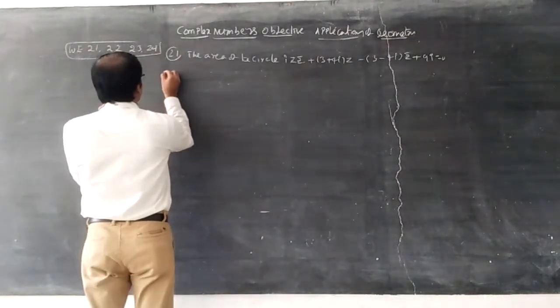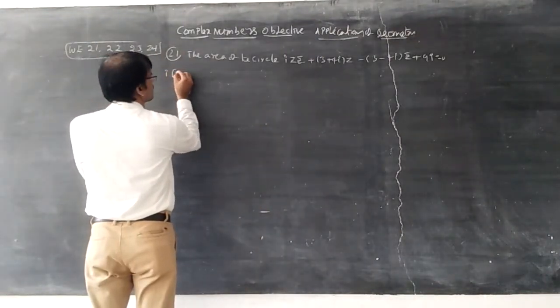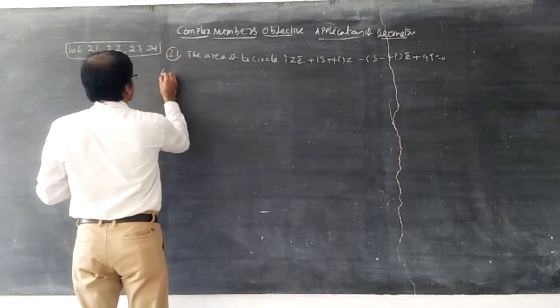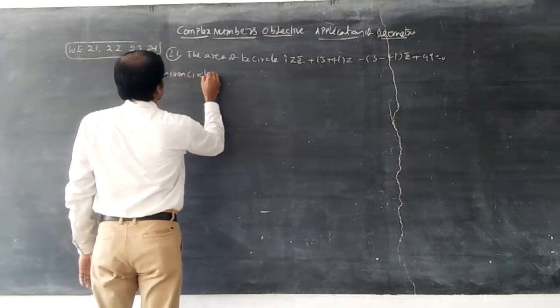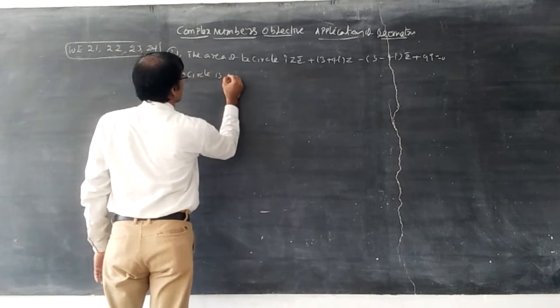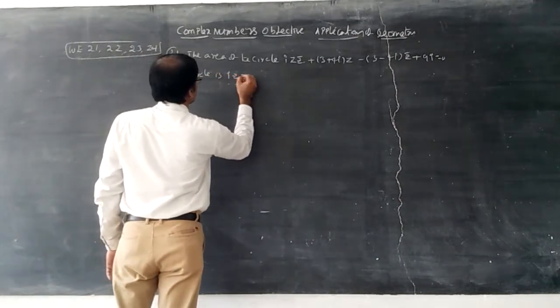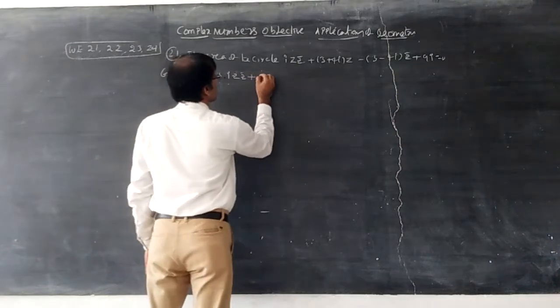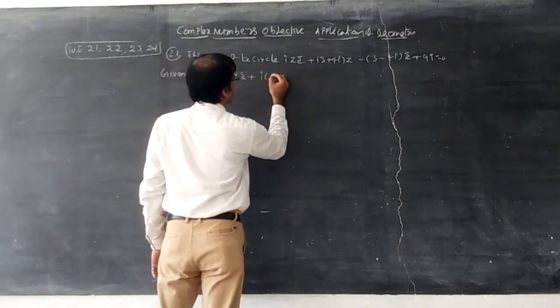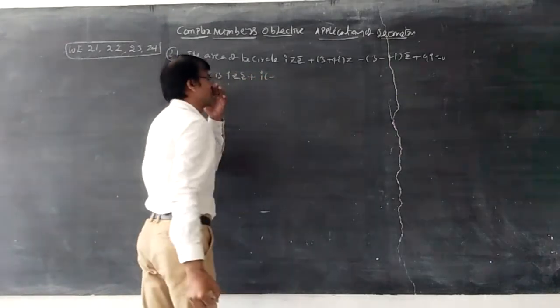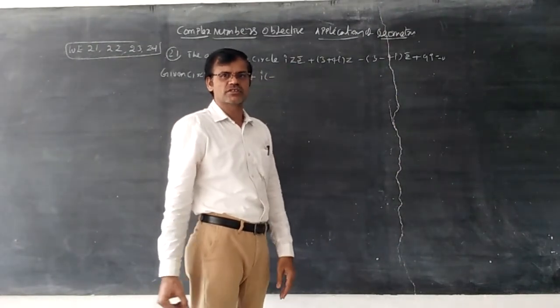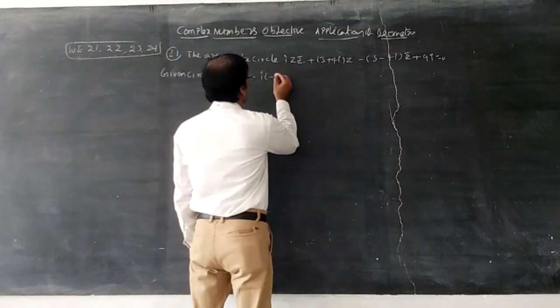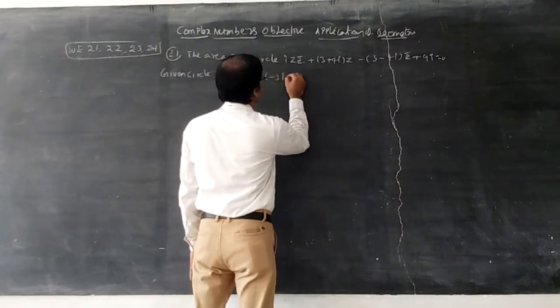To eliminate i, take i common. The given circle is i z z bar plus, taking i common, 3 can be written as minus 3i square, because i square is equal to minus 1. So it becomes minus 3i.